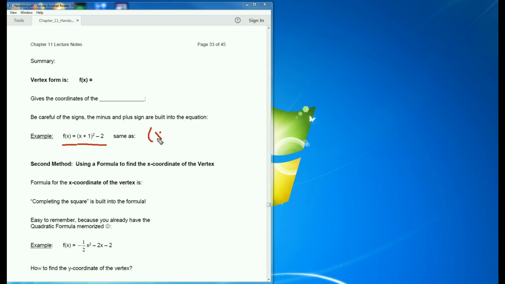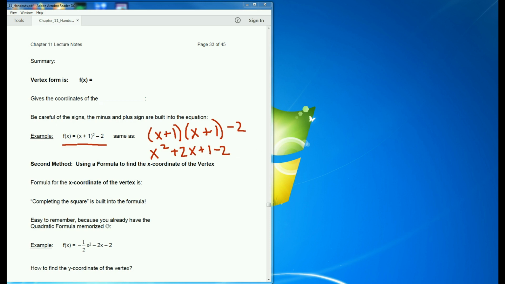You know, that just means x plus 1 times x plus 1, and then minus 2. Okay, and then if you FOIL that out, it's x squared plus x plus another x, so plus 2x plus 1, and then minus 2.